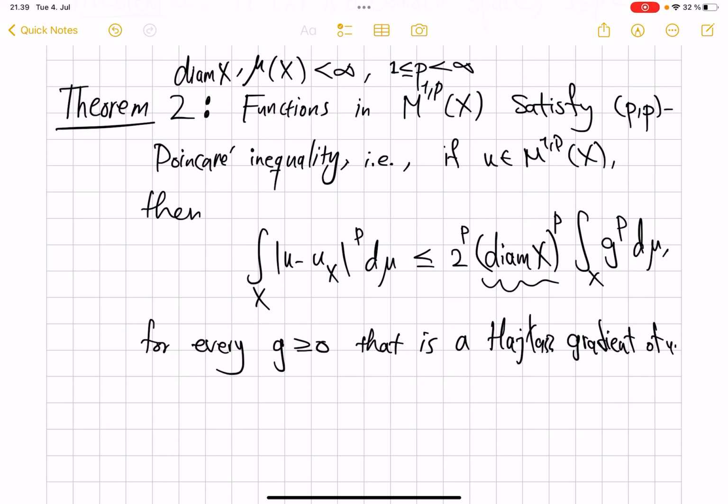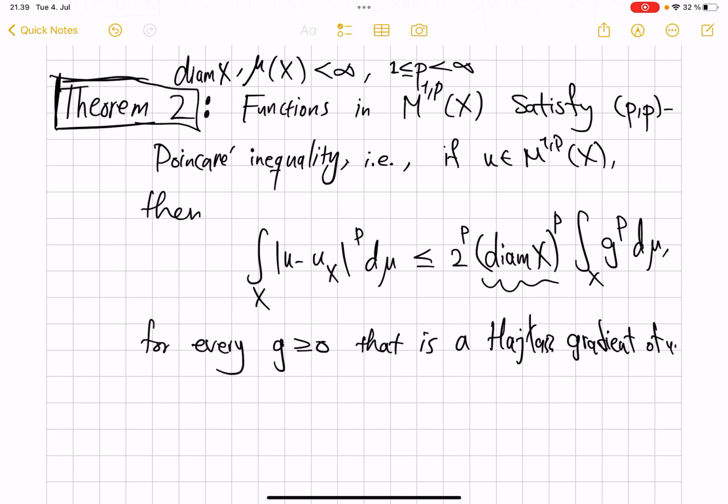When you just restrict to balls, you have finite diameter and hopefully finite measure as well, so it's not too restrictive after all.